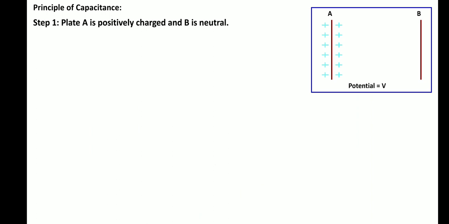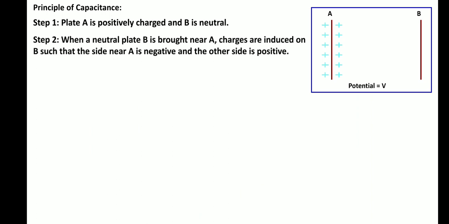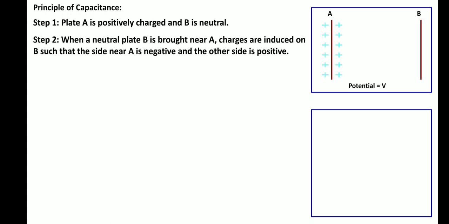The potential between plate A and B is V. Then a neutral plate B is brought near A, very close to A.